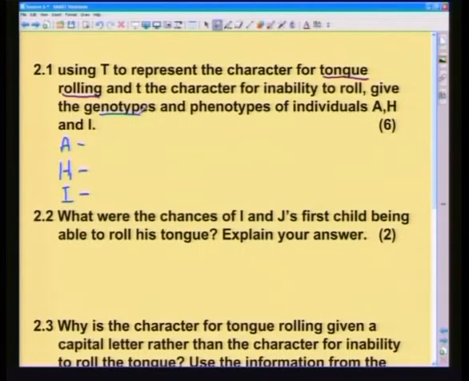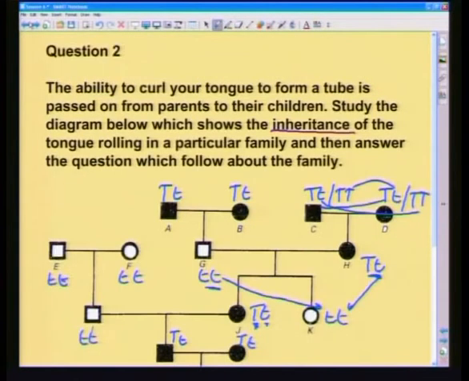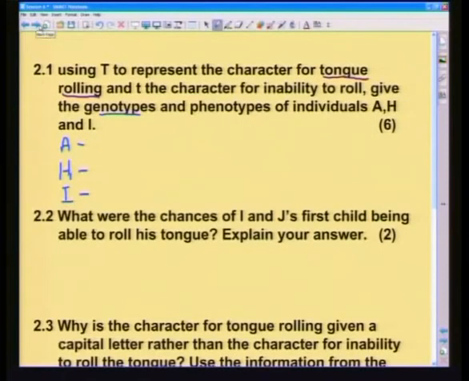So A was capital T, small t, H is capital T, small t, and I is small t, small t. Now remember, we've now done the genotype.